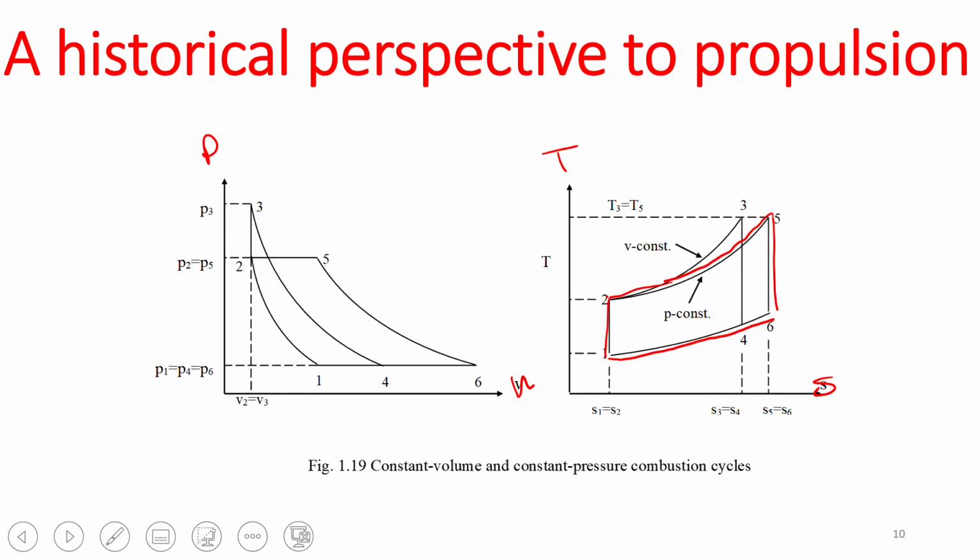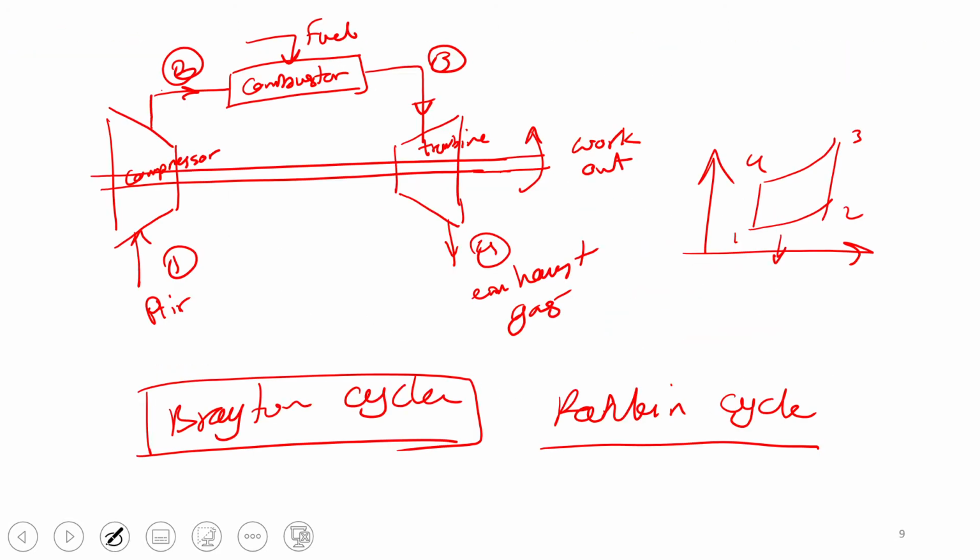These are a combination of two different cycles. That's why the numbers are different. You have constant pressure happening here from 1 to 2.